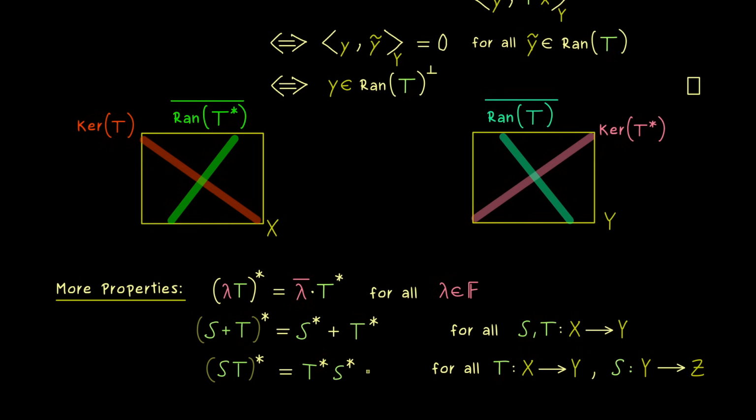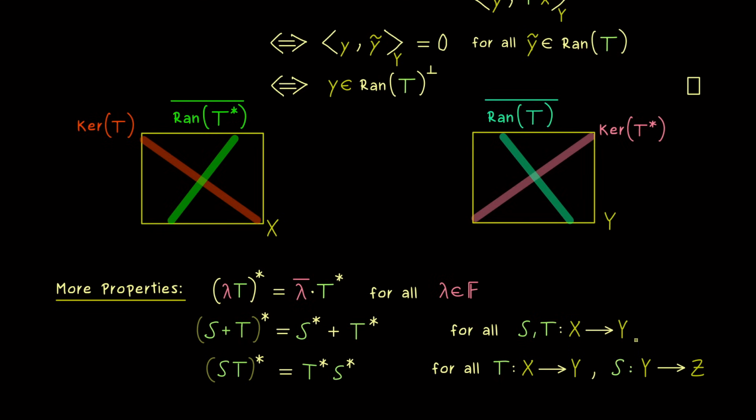This makes sense because S star goes from Z to Y and then T star goes from Y to X. And also this one is really easy to show if you just write down the defining property with the inner product. And I would say if you don't see it immediately, it's not a problem at all, but please use it as an exercise.